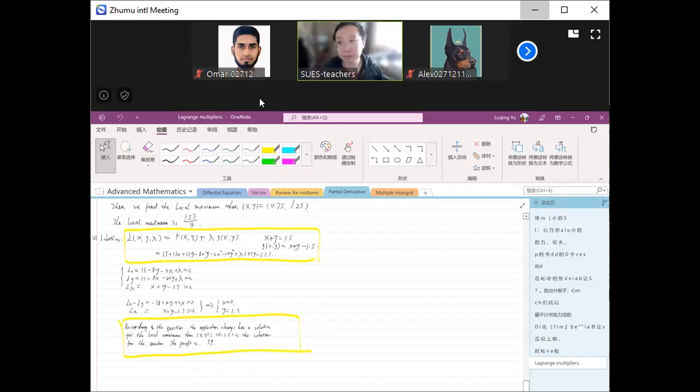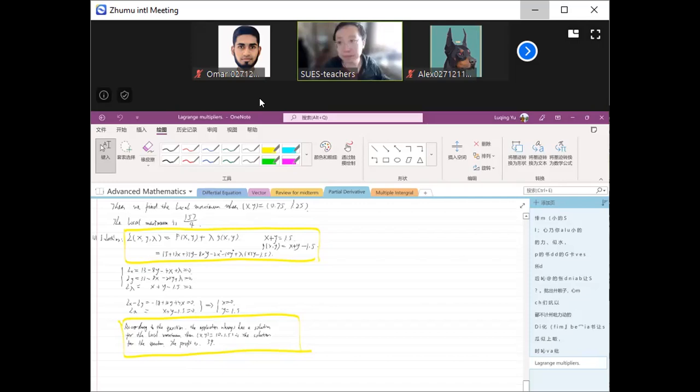Then what we want to do in the next part is the integral. What we want to discuss here is the multiple integrals.